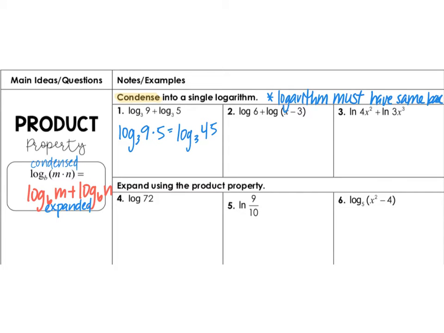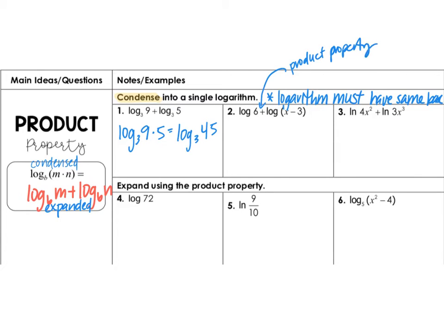And then we move on to the next example, log of 6 plus log of x minus 3. Notice that there is no base, and that's because these are common logs, so it's an understood base 10, which means they still have the same base. So that means that we can multiply the 6 and the x minus 3, and we know we can multiply because this plus here indicates that we're going to use the product property.